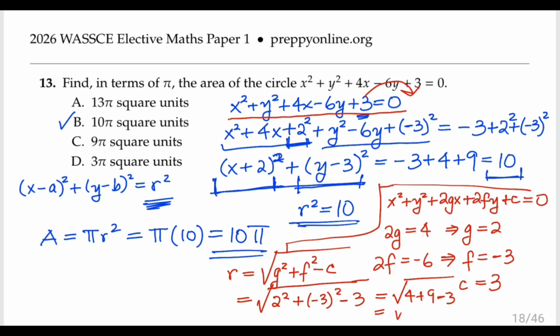So our answer is the square root of 10. And that is the same thing we got. Here we got that r squared is equal to 10, which means that r is equal to the square root of 10. So the two methods have given us the same solution. If you plug that in, you're going to get the same area for the circle.